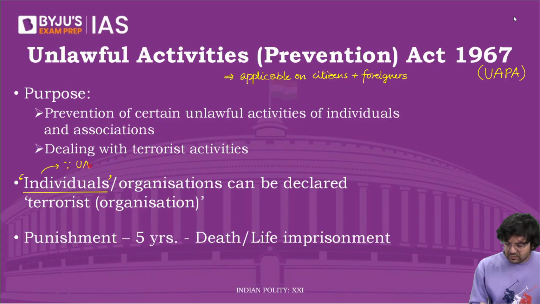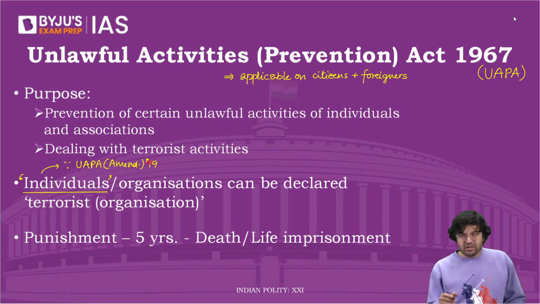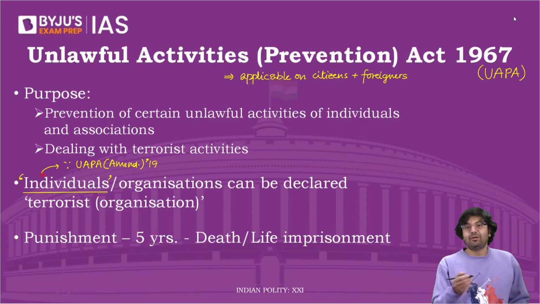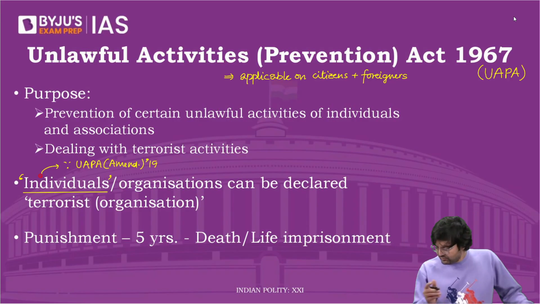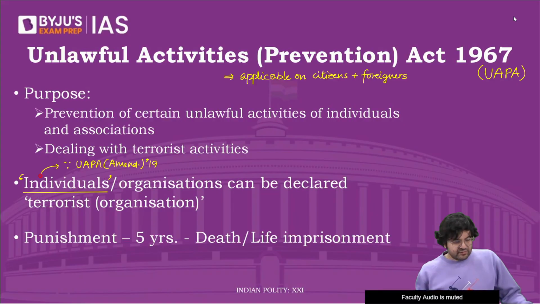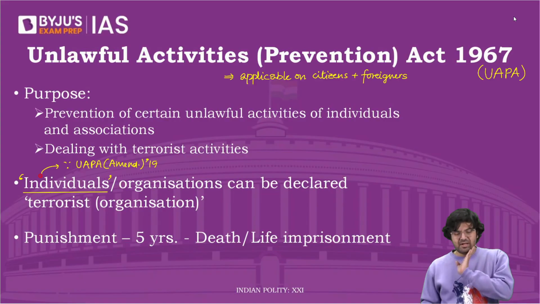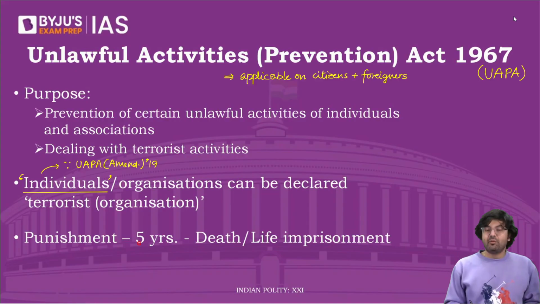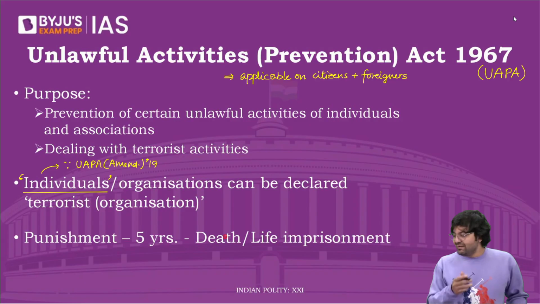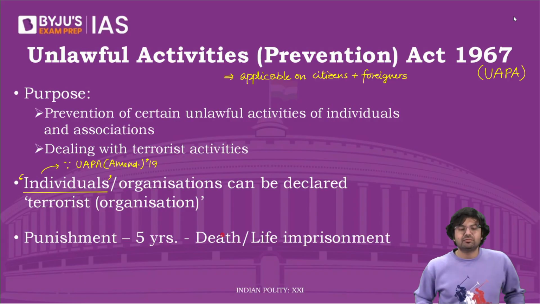UAPA amendment of 2019. So since 2019, an individual can also be declared as a terrorist. Now, what's the punishment under UAPA? From 5 years to even death sentence can be imposed.